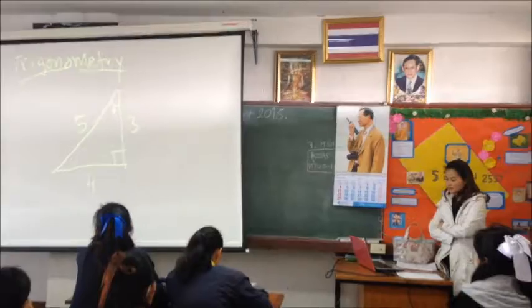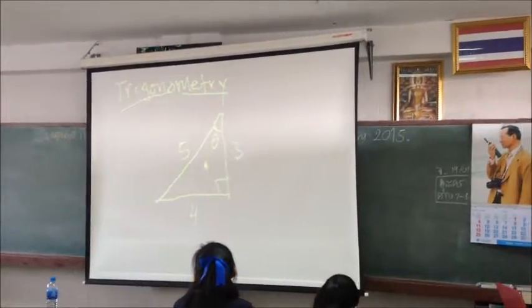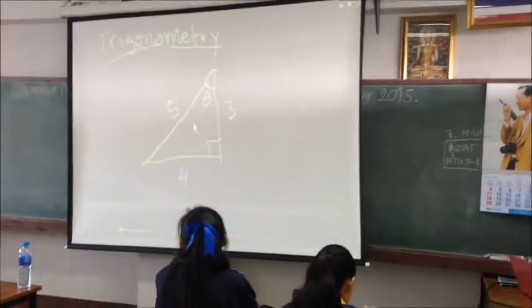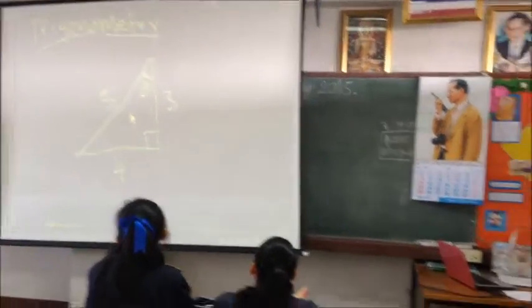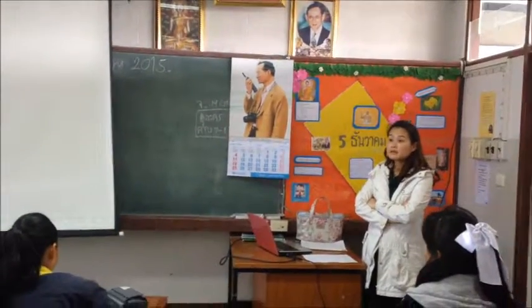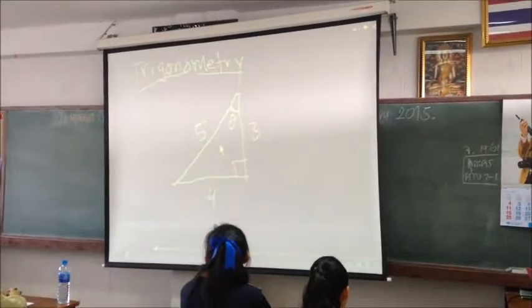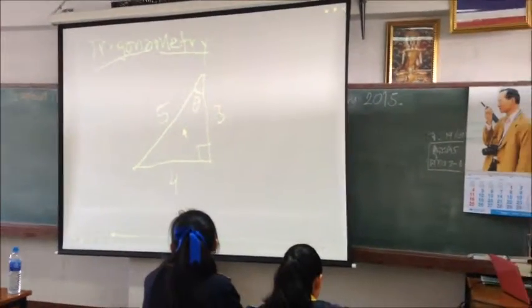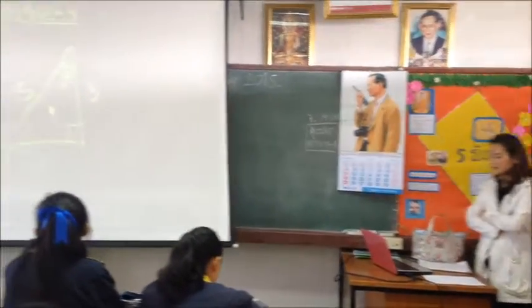Let me give you an example. Let's call this angle theta. Theta is the Greek letter people tend to use for the angle that you're going to find the trig function of.